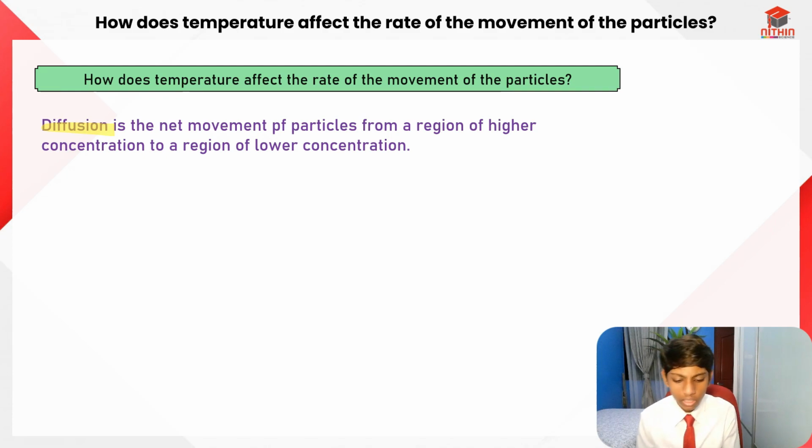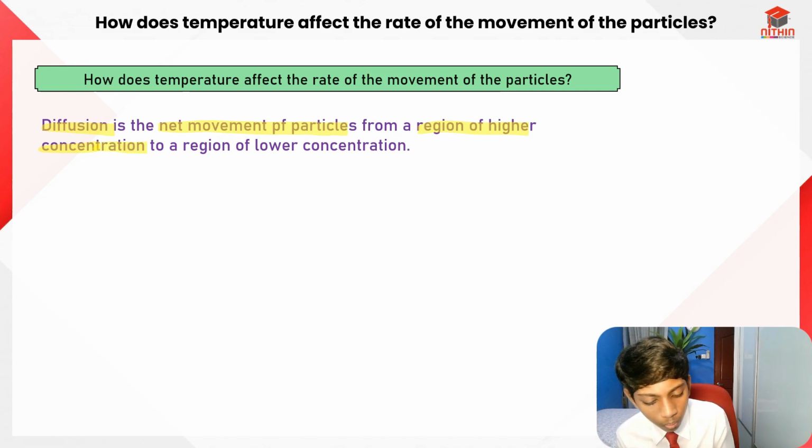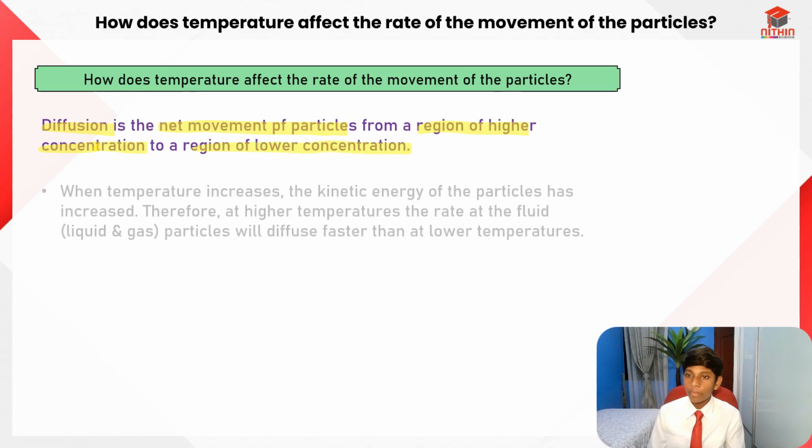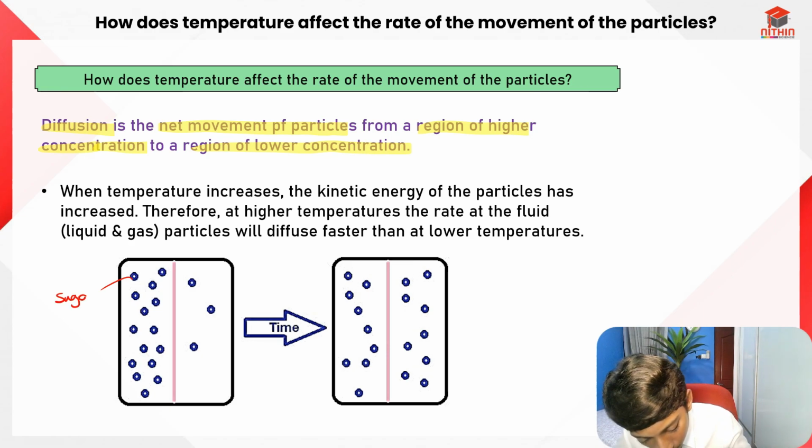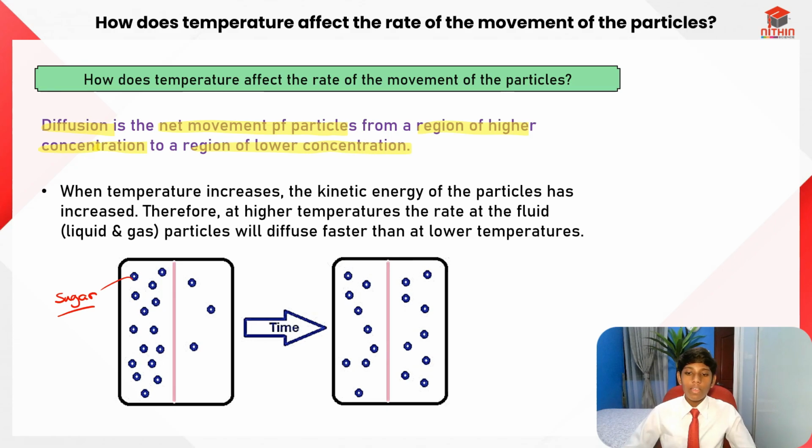Diffusion is the net movement of particles from a region of higher concentration to a region of lower concentration. Imagine all these particles are sugar particles. Imagine this is a mug, and all the sugar particles are on this side instead of this side.